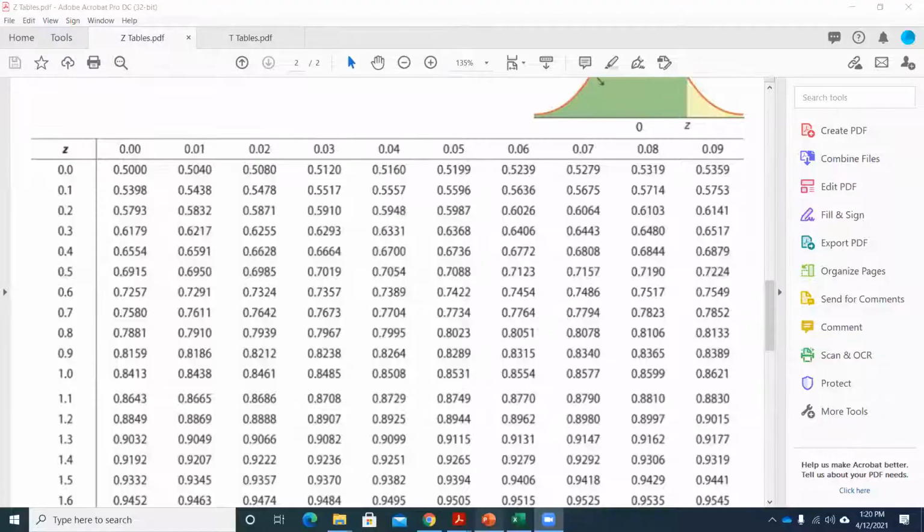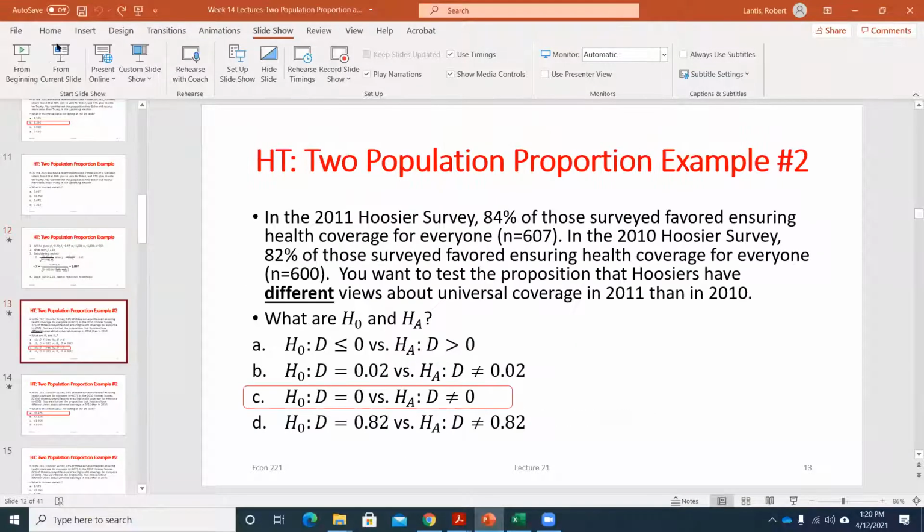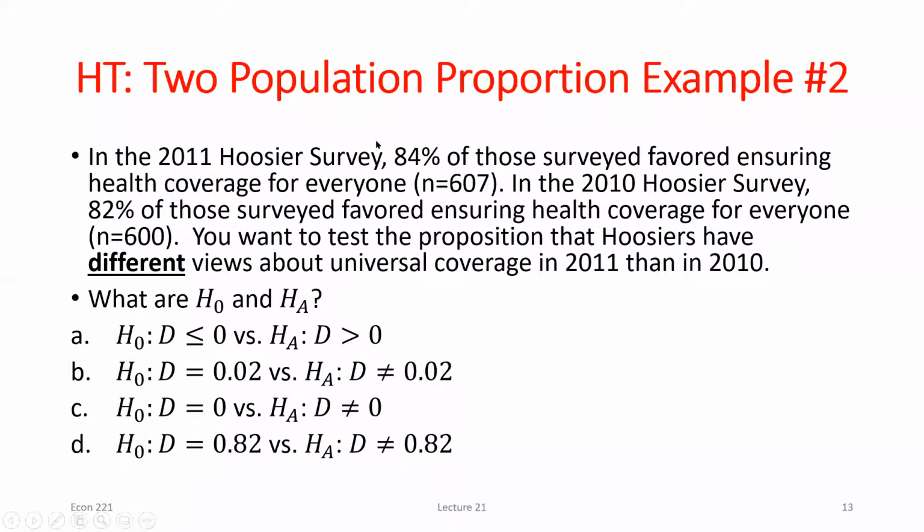Okay. So let's do one that's a little bit harder, a little bit trickier. Let's say we had a survey and we wanted to look at the true difference in sample proportions for 2010 and 2011. We've got our sample sizes and sample proportions of 0.84 and 0.82.